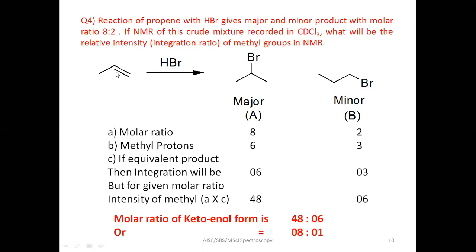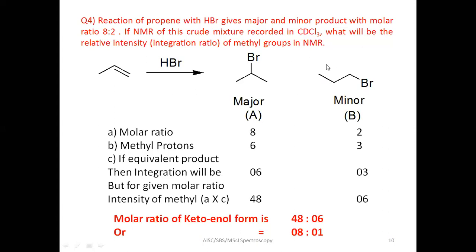So the reaction is given, this is propene. Propene reacts with HBr to give major plus minor. Br attaching at the secondary carbon gives the major product according to Markovnikov's rule, and if it attaches to the terminal carbon, it is the minor.